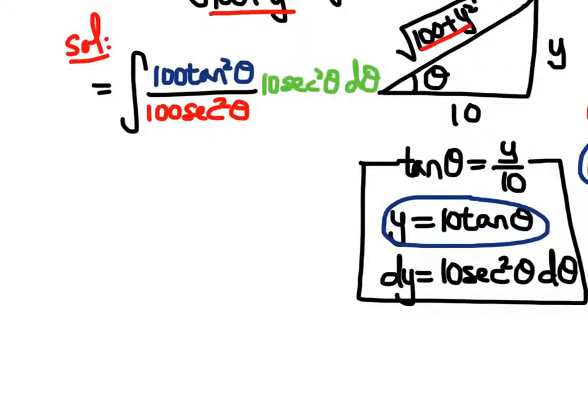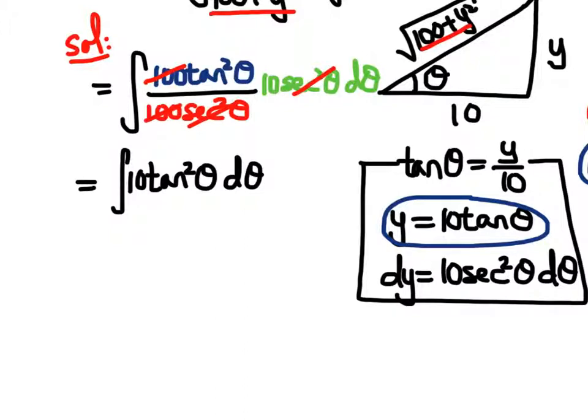So it's cleanup time. The secant squareds are going to cancel, the hundreds are going to cancel, and you're going to be left with 10 tan squared of theta, all with respect to theta. To finish this integral, we're going to apply a Pythagorean identity on tan squared.